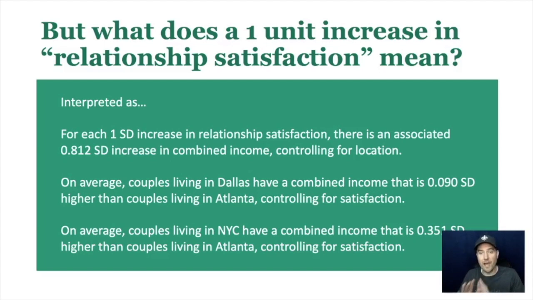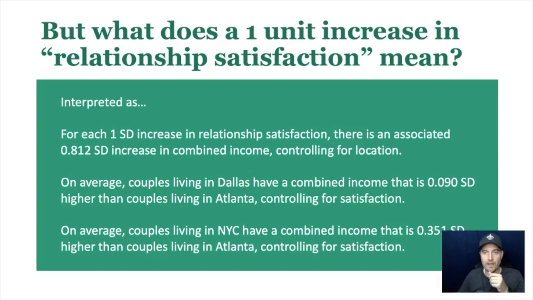What's interesting about that variable then, that effect size, is that is similar to a partial correlation. So for a 1 standard deviation increase, we're seeing almost a 1 standard deviation increase in income, which is really big. We can see that as, if we make a pretty big jump in relationship satisfaction, we're also going to make a pretty big jump in combined income. That's telling us these are pretty closely related to each other.